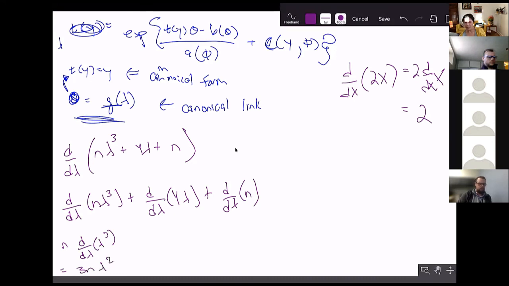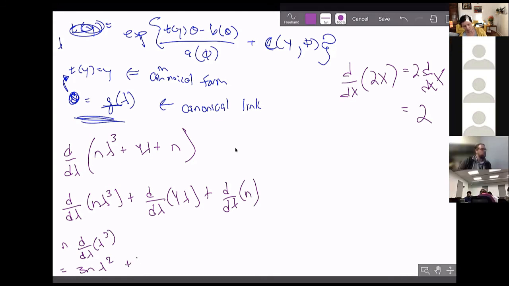Does that make sense? Yeah. In this one, y is treated as a constant because that's not what we're taking the derivative with respect to, so you end up with y. And this piece doesn't have lambda in it, and the derivative of a constant that's not multiplied by a function of lambda is 0, right? Yeah.